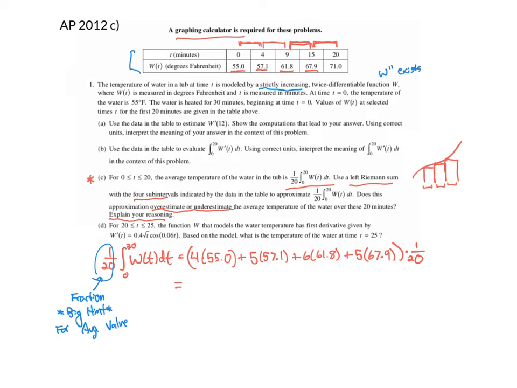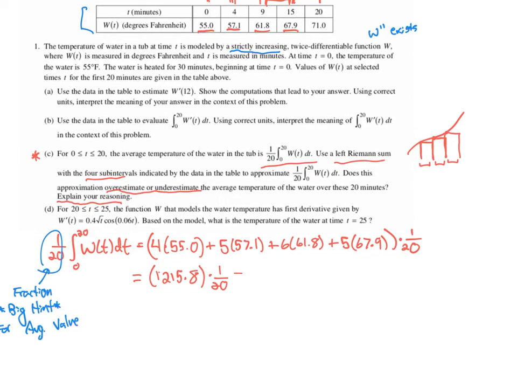All right, so after taking a few seconds to calculate that, it looks like our numbers in the parentheses would end up being 1,215.8. And then I need to remember to divide this by 20, or multiply by 1/20th.